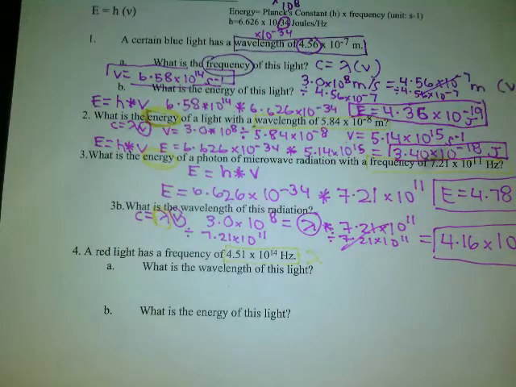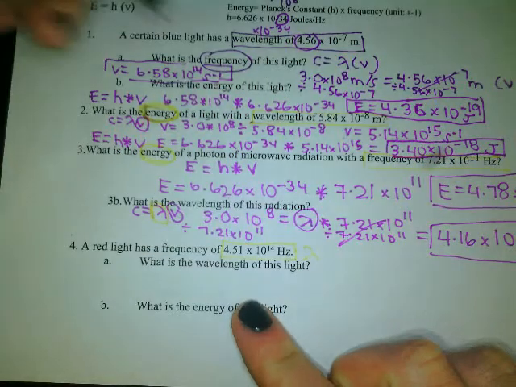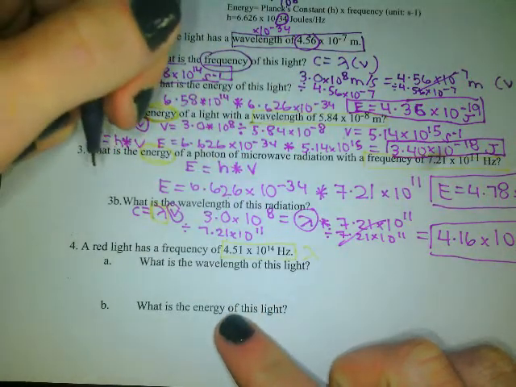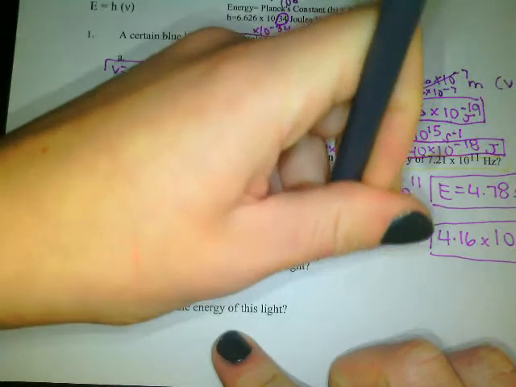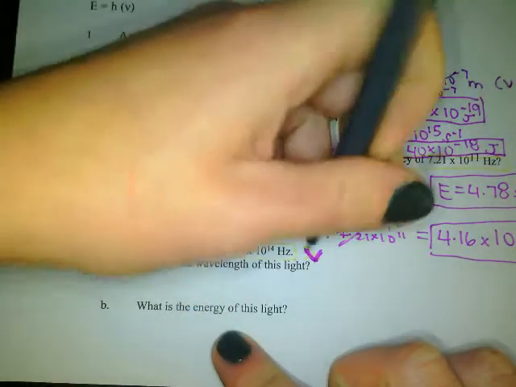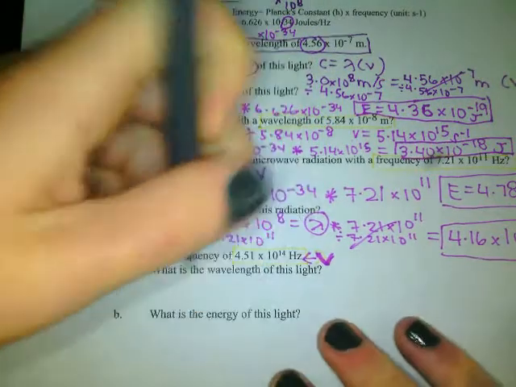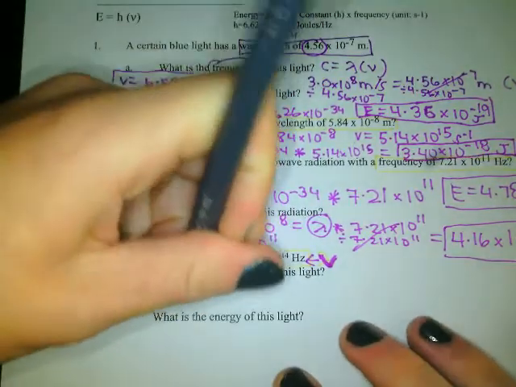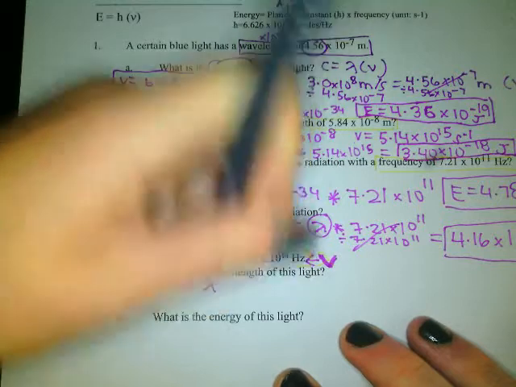We're solving for wavelength in this problem, so again, c is equal to lambda times nu. If we rearrange this algebraically, we're looking for c divided by nu equals lambda, the wavelength.